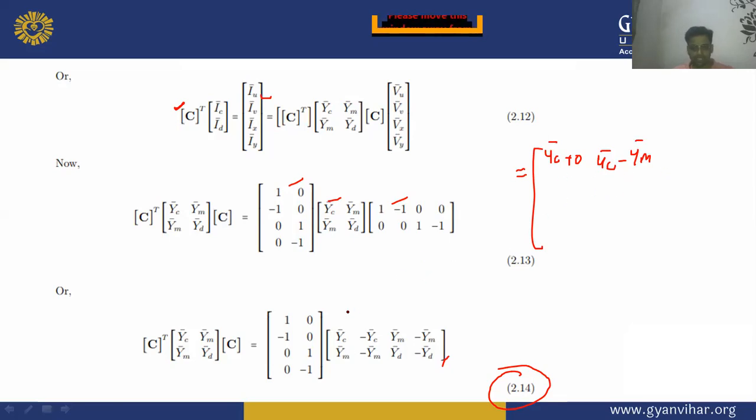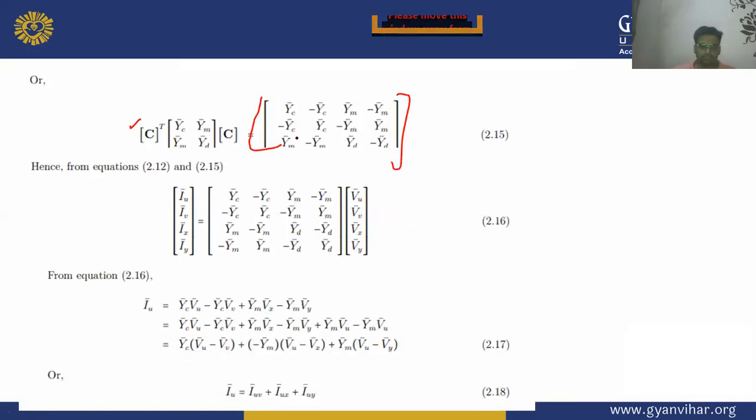When I multiply this element with this one first, then this with this one, I've done just a simple matrix calculation. So I will be getting this one: YC minus YC bar, YM bar minus YM bar, and so on. I will be getting a matrix of how much? Rows into columns. How many rows are there? 3 rows to 4 columns.